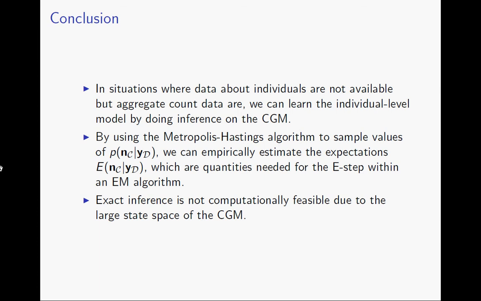As we discussed before, the EM algorithm will help you learn these individual model parameters. The reason we had to do approximate inference was because exact inference was not computationally feasible due to the large state space of the collective graphical model.